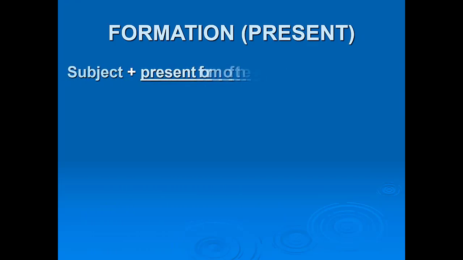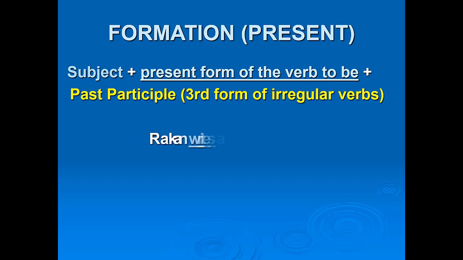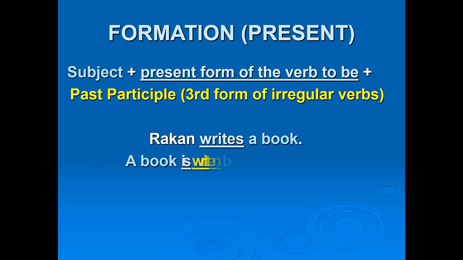Okay, we start with the present voice. We have here the rule itself, and you have an example. Of course, if the sentence is present simple, you will have either the verb itself or the verb plus s. So you can have the stem of the verb, the infinitive, or you can have the verb plus s.